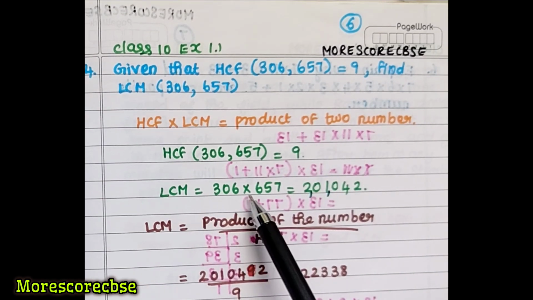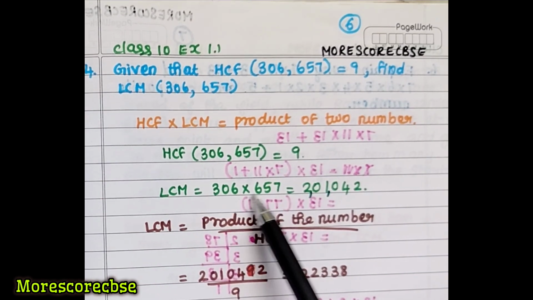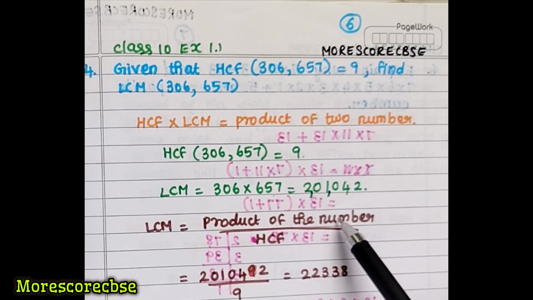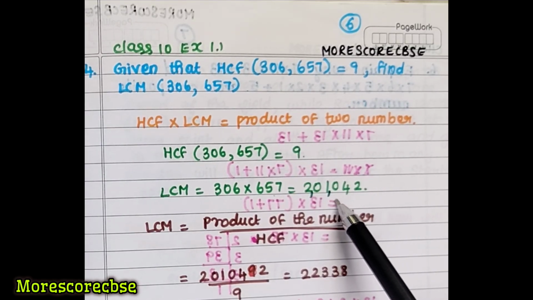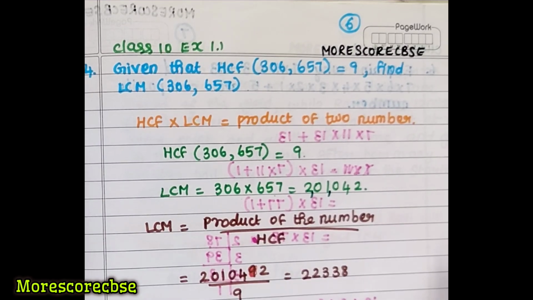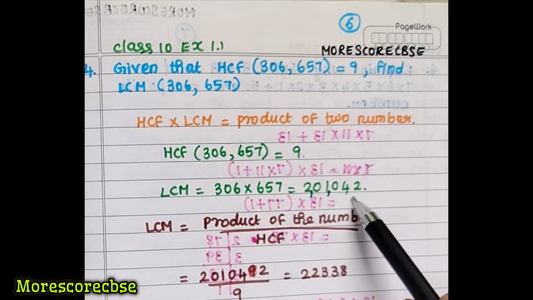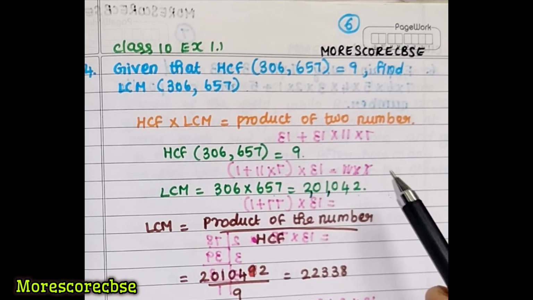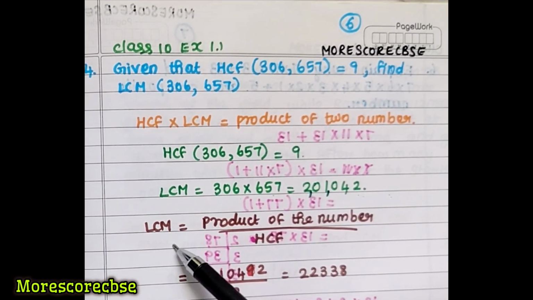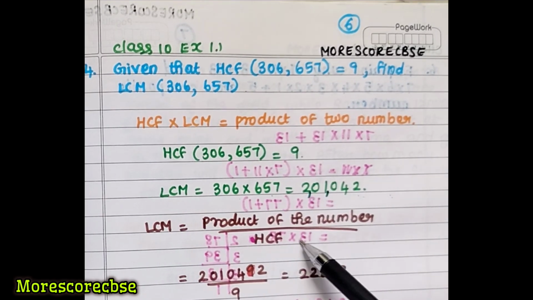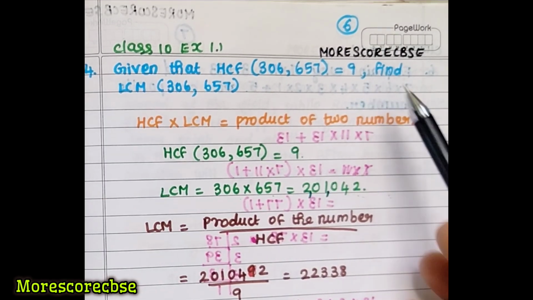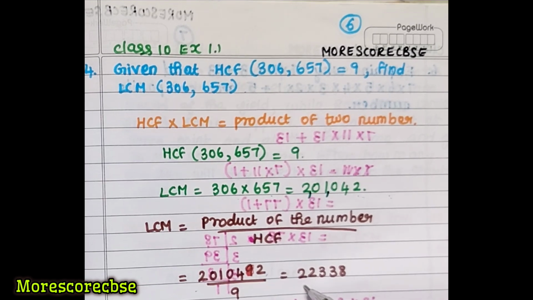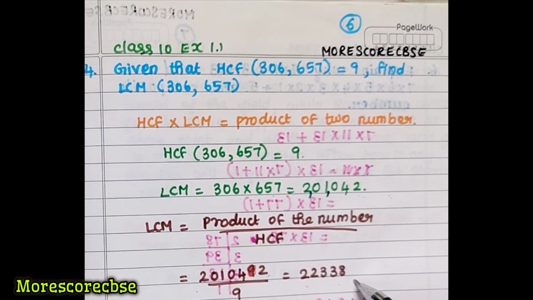So the product of the two numbers, 3006 into 657, will be 21,042. So using this we can find the LCM. LCM will be the product of the numbers divided by the HCF. They have already given it as 9. So 21,042 divided by 9 will be 22,338. So this is the LCM.